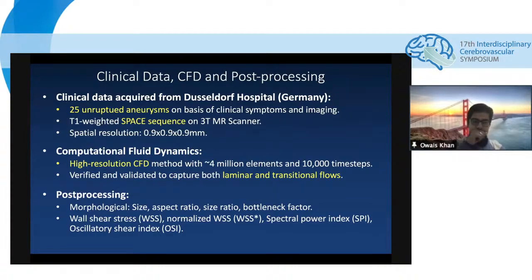For hemodynamic parameters, we computed wall shear stresses, normalized wall shear stresses, which are normalized to the parent artery wall shear stress, spectral power index, a recent metric that I worked on with David when I was a PhD student, and oscillatory shear index.